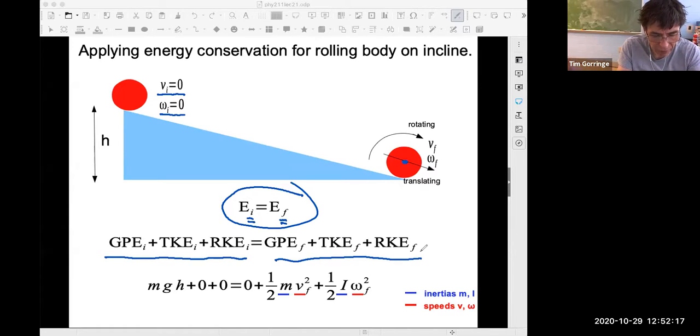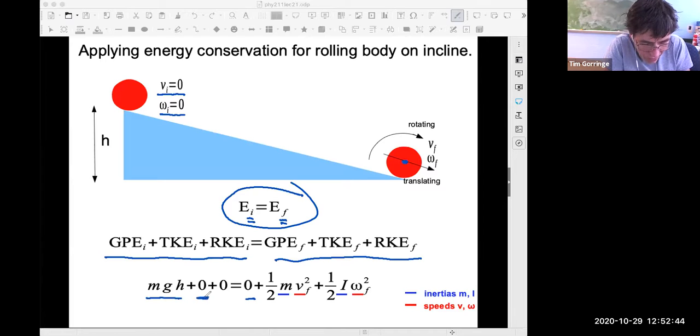So let me fill all those expressions into the energy conservation equation. Here is the initial energy at this elevation h, it's mgh. And here is the final potential energy at the bottom of the incline, 0.